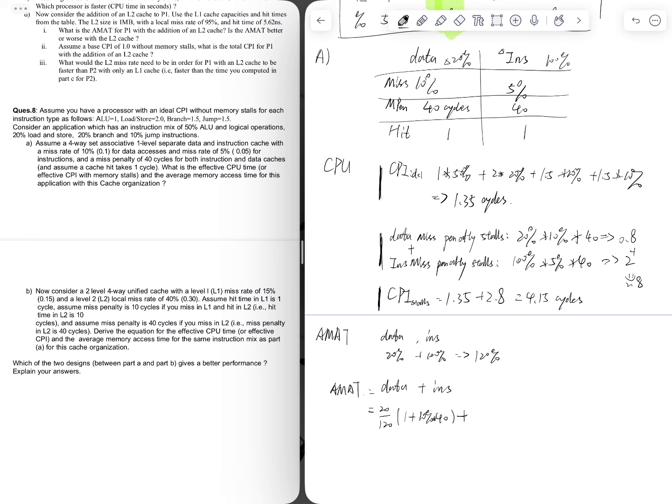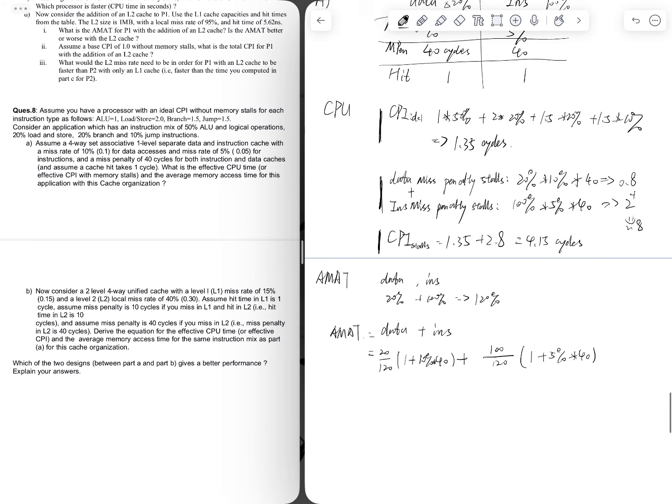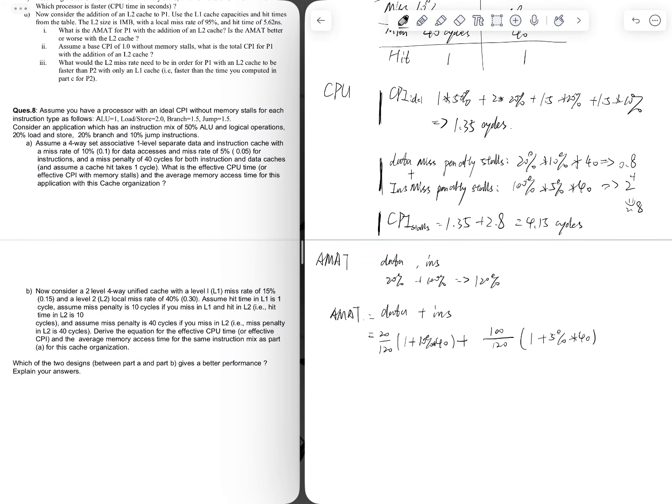And we also have the instructions, which is 100 out of 120. One is the hit and 5% is the miss with a 40 penalty. And this will give us 3.33 cycles. And here is the AMAT.